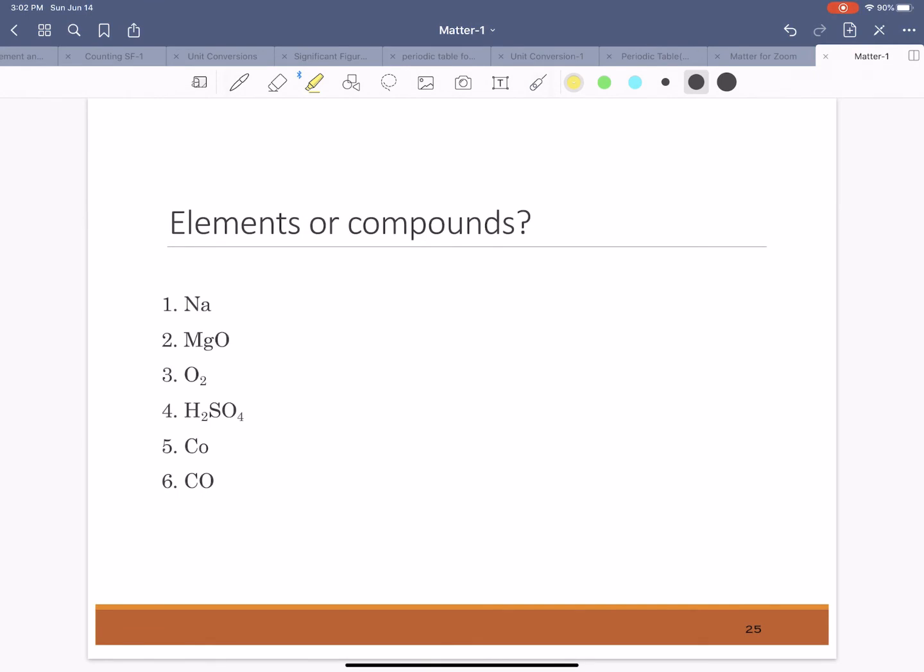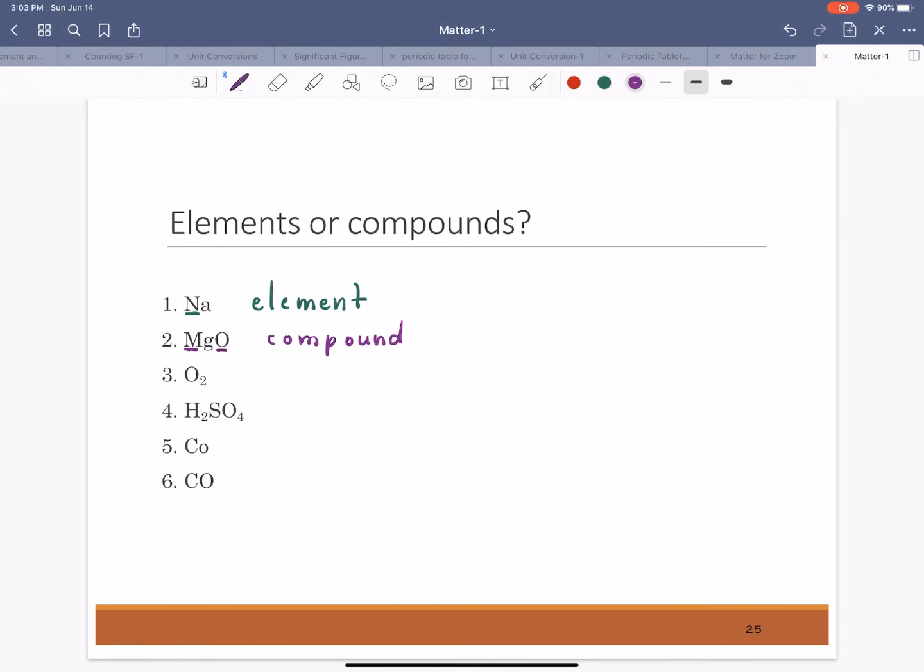So are these elements or compounds? The first one is an element. How do you know that? 1 capital letter, and it's on a list you've memorized. Sodium. The second one is a compound. I know it's a compound because there are 2 capitals. How about that third one?